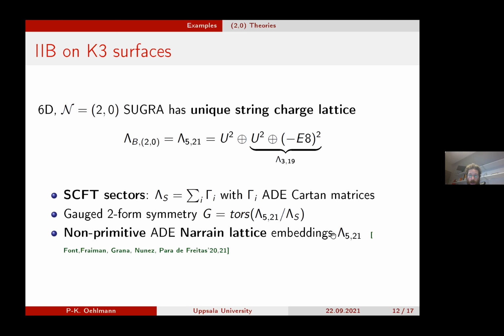And how to do it in a very systematic way has been shown last year and this year by Font, Fraiman et al., by essentially classifying or studying ADE embeddings that are non-primitive into this Narain lattice, which is precisely gamma (5,21). So if I just take, for example, this algorithm, I can study all kinds of non-primitive embeddings of these ADE sublattices into gamma (5,21). So this would be a direct way how to do it.